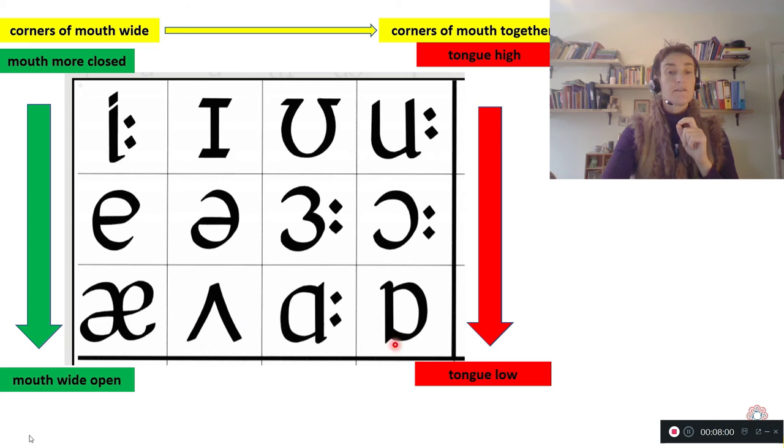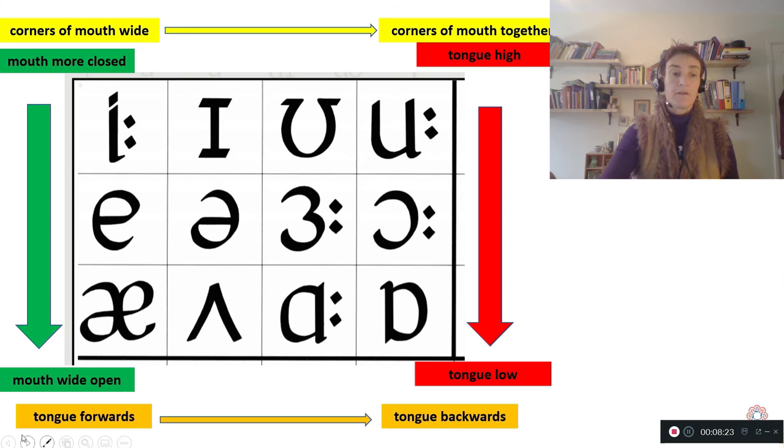When I say these sounds here, ah, ah, ah, oh, my tongue's actually really quite low. And for this line, or, my tongue's right in the middle of my mouth.